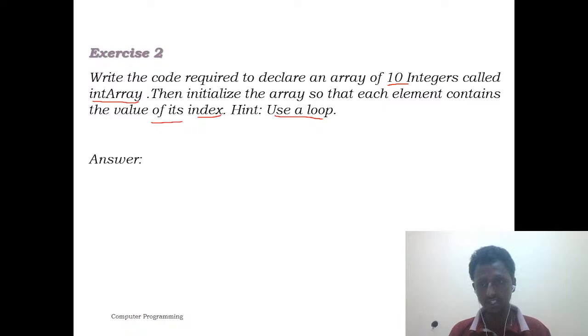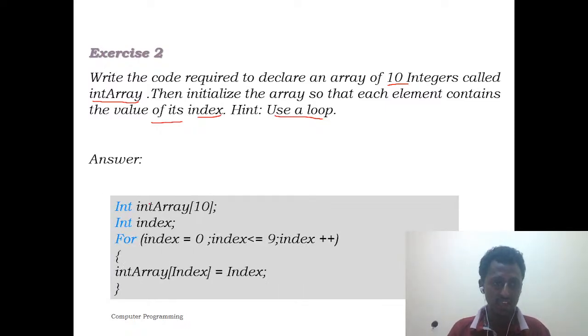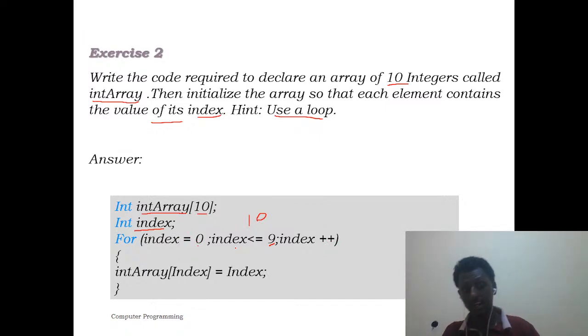The answer looks like this: int inArray[10], with 10 integers, the array size. Then for int index equal to 0, index less than or equal to 9, meaning 10 elements because it includes 0, index plus plus, index from 0 to 9, excluding 10.